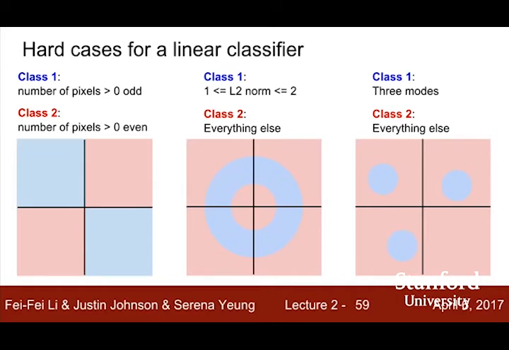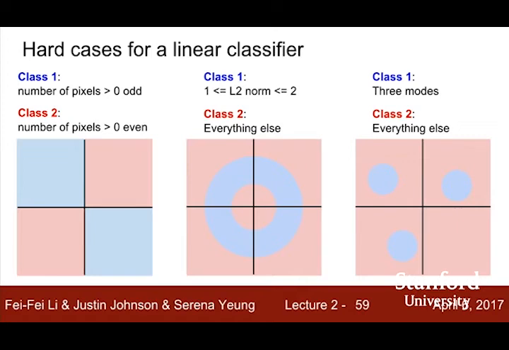One example on the left here is that suppose we have a data set of two categories, blue and red. These are somewhat artificial, but maybe the blue category is where the number of pixels in the image which are greater than 0 is odd, and anything where the number of pixels greater than 0 is even, we want to classify as the red category.